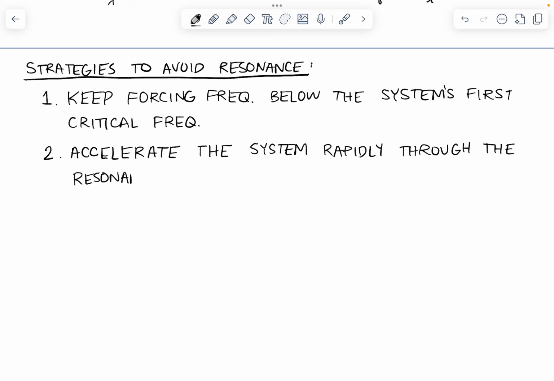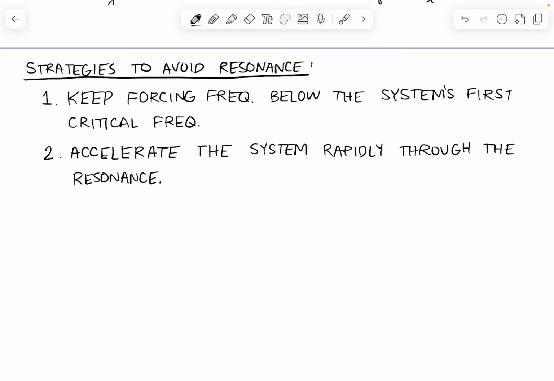If you absolutely need to get to a forcing frequency that is higher than the first natural frequency, you can accelerate that system from rest to the forcing frequency that you're aiming for. If you do that rapidly, you may be able to pass through the resonance before the vibrations have a chance to really build up amplitude.